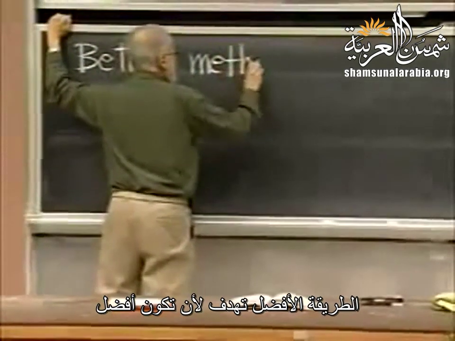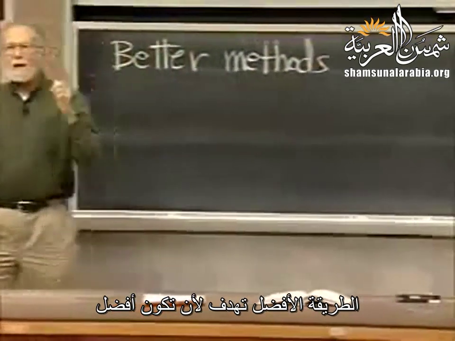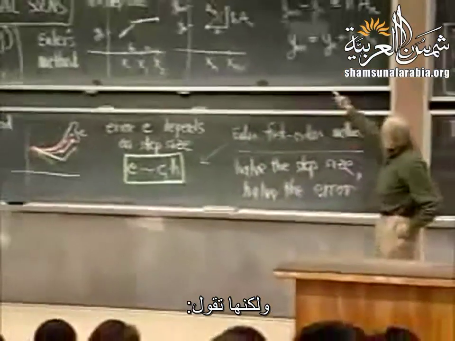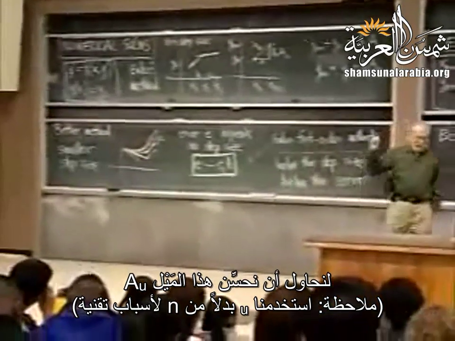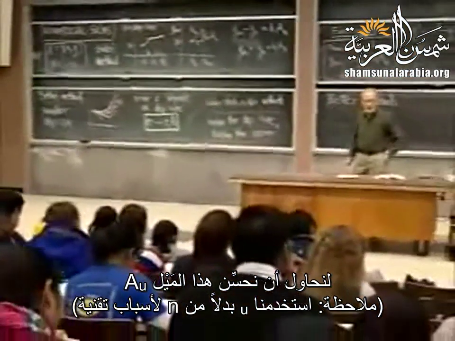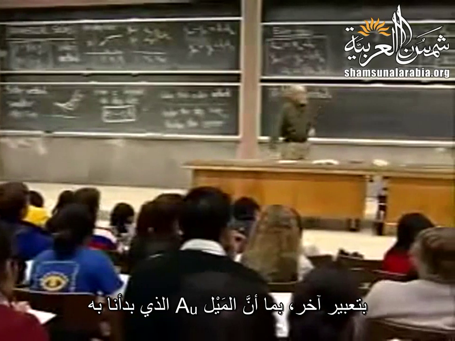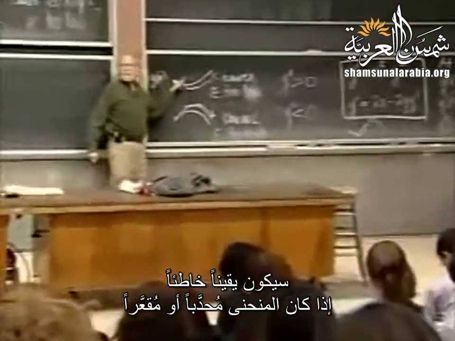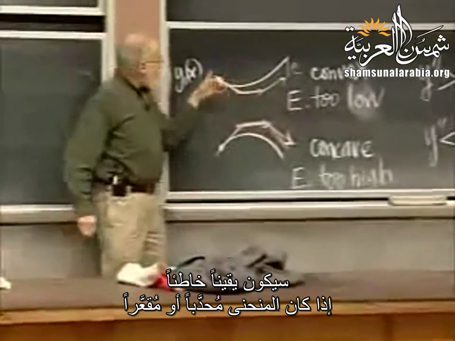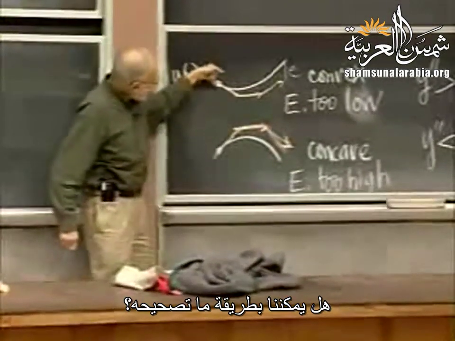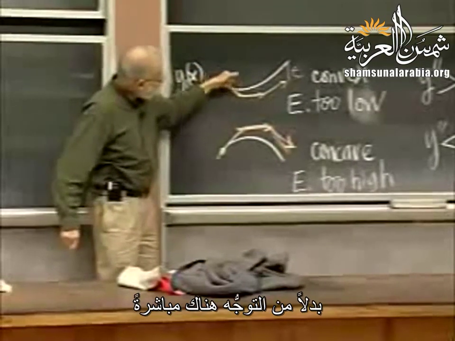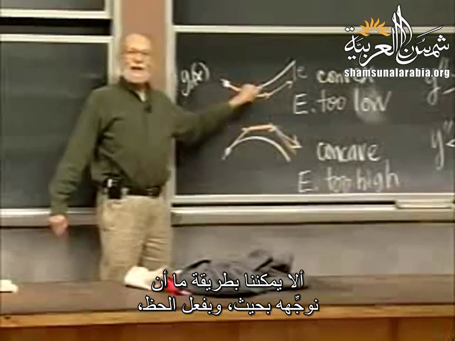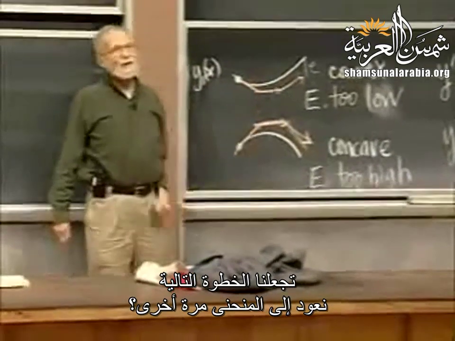The better methods aim at being better. They keep the same idea as Euler's method, but they say, look, let's try to improve that slope a_n. In other words, since the slope a_n that we start with is guaranteed to be wrong if the curve is convex or concave, can we somehow correct it so that, instead of immediately aiming there, the next step just lands us back on the curve again?